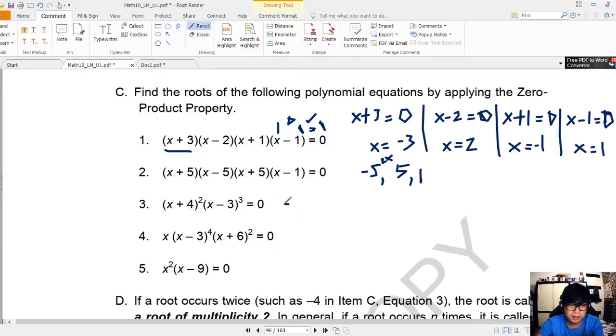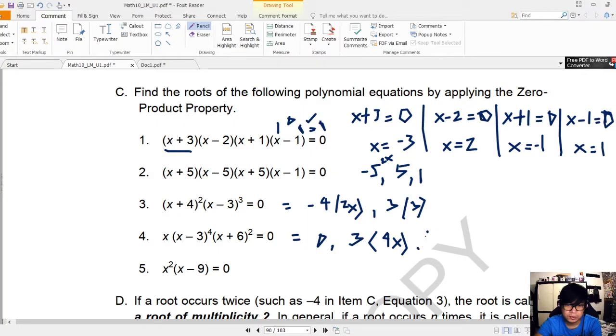Dito naman, negative 4, 2 times. Tapos, 3, 3 times. Dito naman, 0. Itong x kasi, equate natin yung 0 kasi separate mo yan siya. Tapos, 3, 4 times.